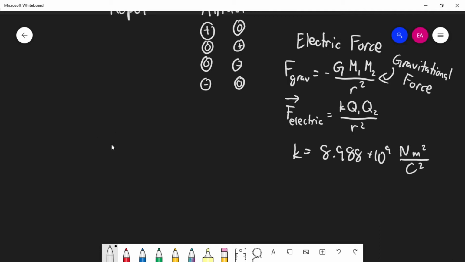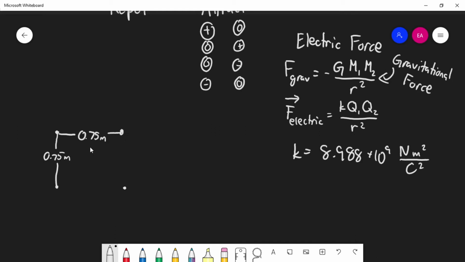In the example problem stated, we have 4 charges of equal magnitude positioned on a square with side length 0.75 meters. So let's just draw that. So these are the 4 points in the square, and this is 0.75 meters and 0.75 meters.